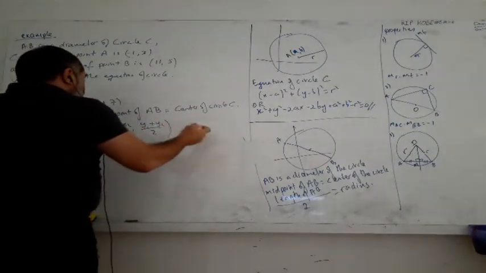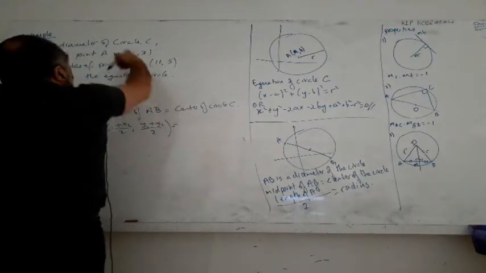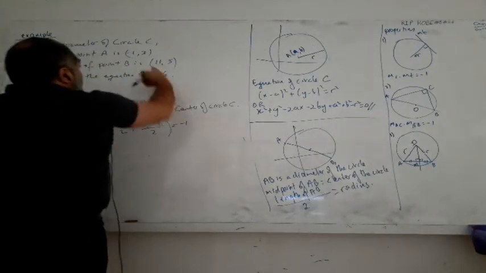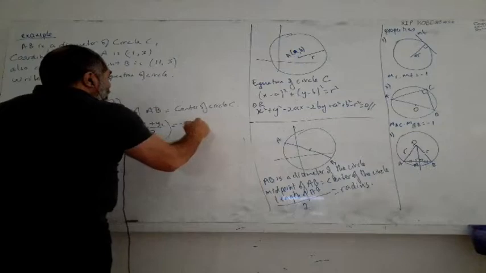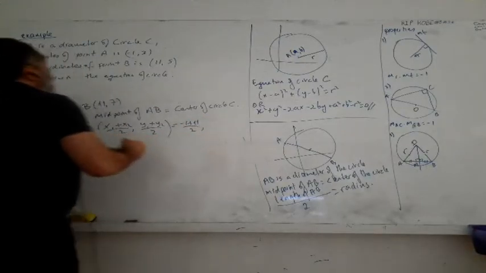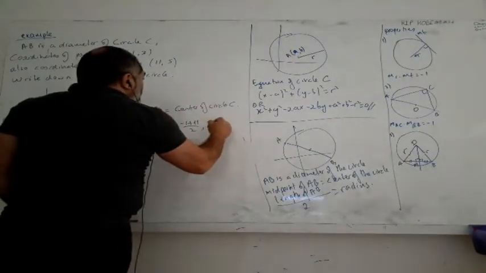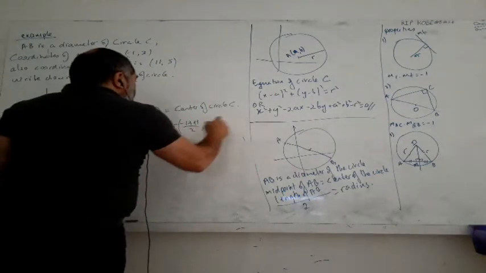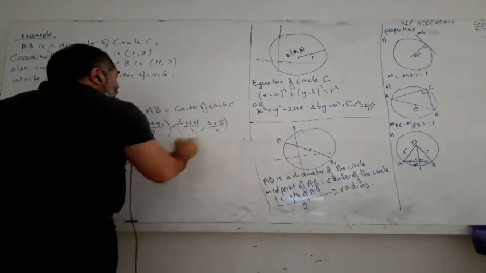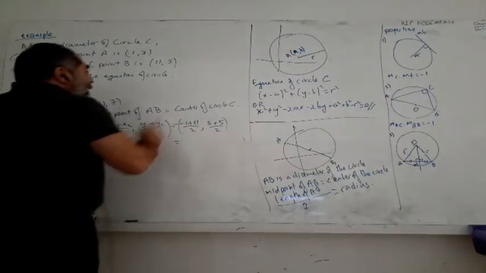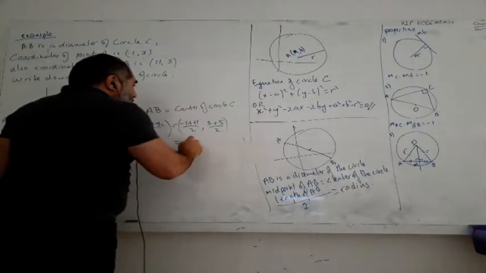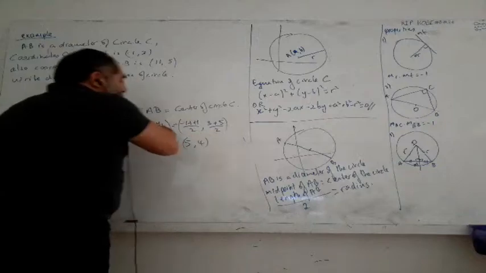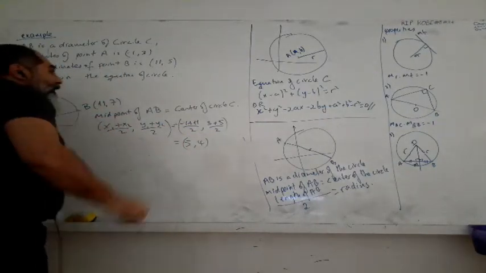So x1 is -1, x2 is 11, y1 is 3, y2 is 7. So the midpoint of AB, also the center of the circle, is 5 and 5. The center of the circle C is 5, 5.